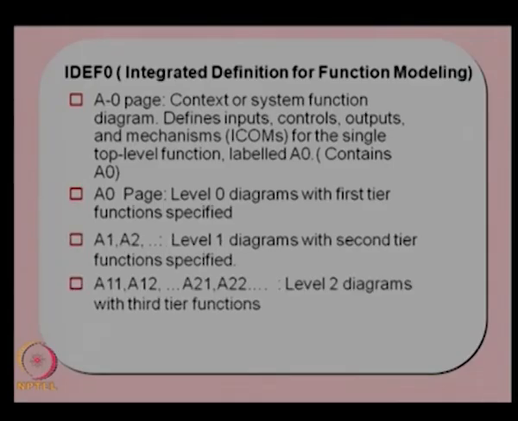The A1, A2 etc. diagrams are the level 1 diagrams with the second tier functions specified, and A11, A12, A21, A22 etc. are the level 2 diagrams with third tier functions, and it goes on till we reach the final decomposition stage. So here, as mentioned, there are the A-0 context diagram and then the A0, A1, A2, A11, A12 and A21, A22 diagrams.